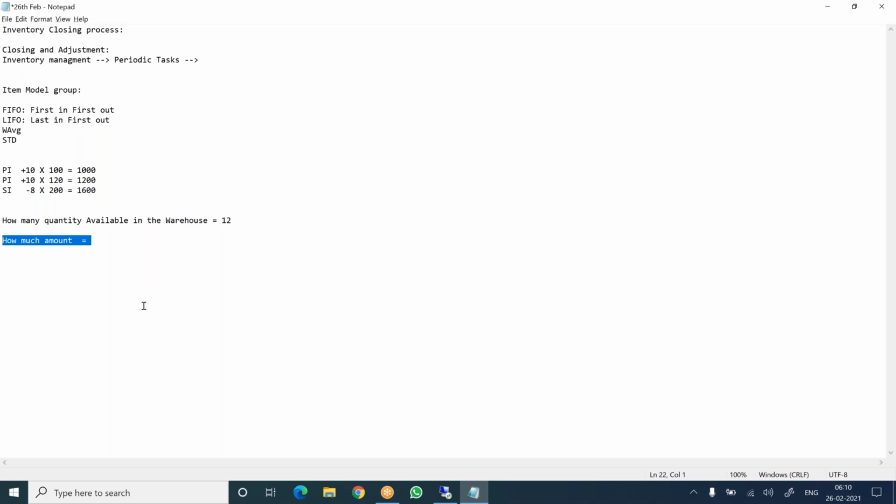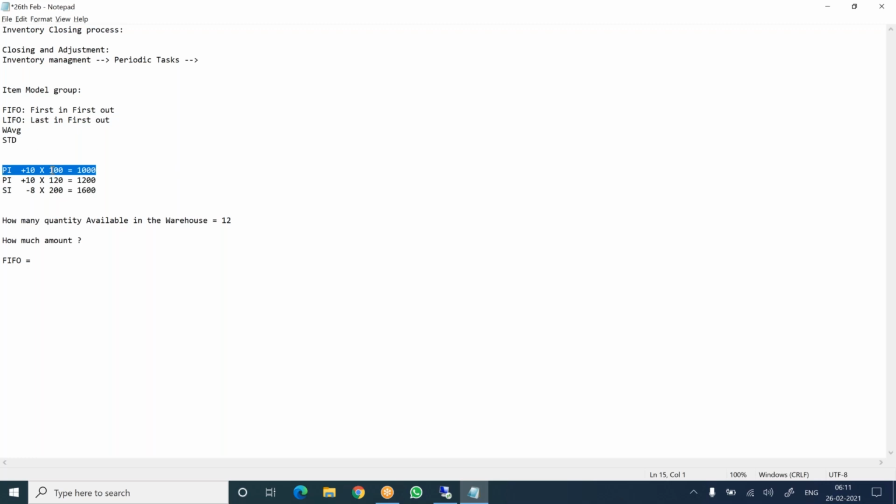Okay. So in this case, if it is FIFO, first in first out, 8 quantity I will deduct from the first purchase. I am assuming the first items are removed.